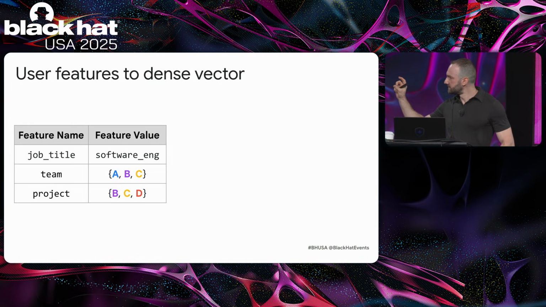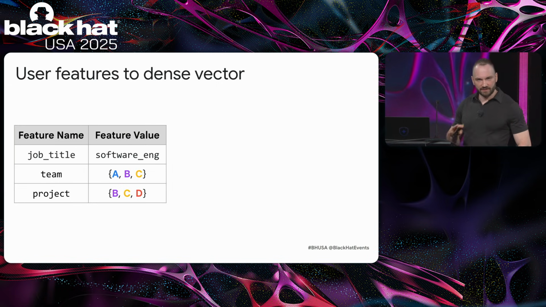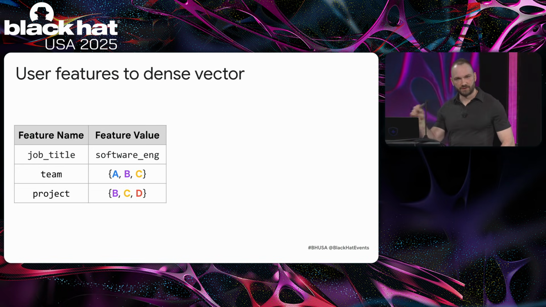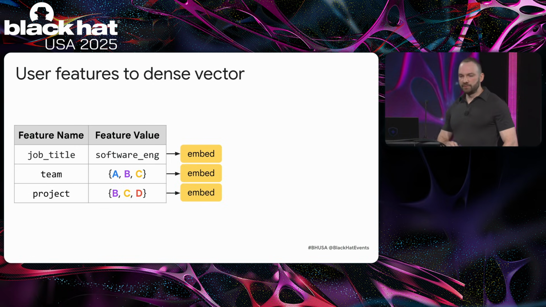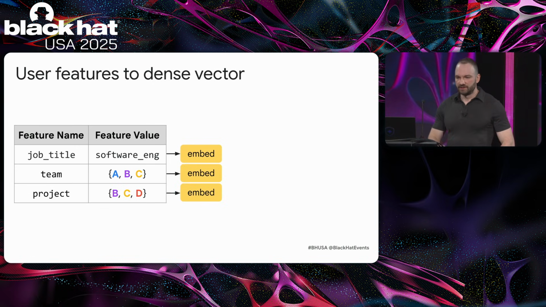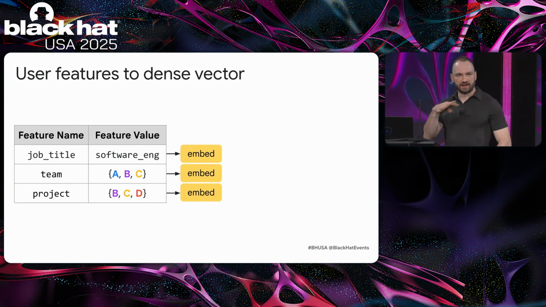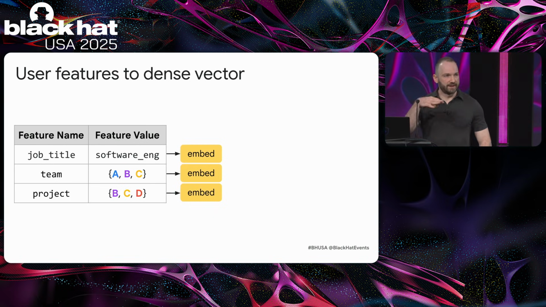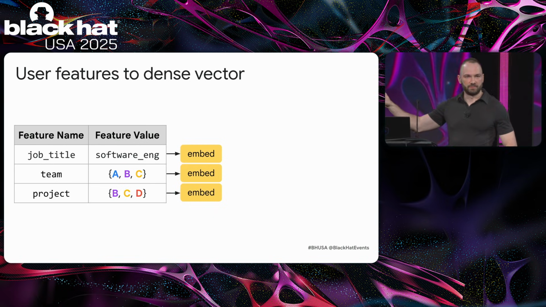So here's a quick example of how that would work. This is a very simple example. Again, we just have three features that represent the user. We have a job title, we have a team set, and we have a project set. So we embed each of these. The top one is easy, it's just a categorical feature. The bottom two are embedded using the same method that you saw previously.